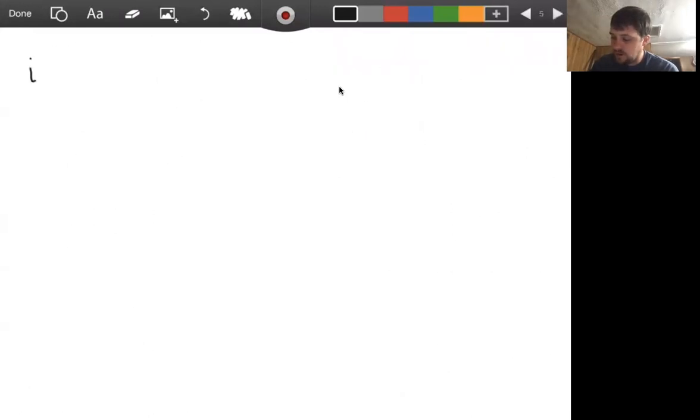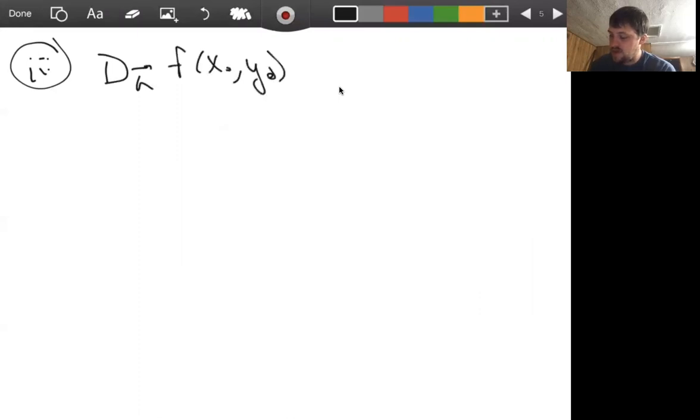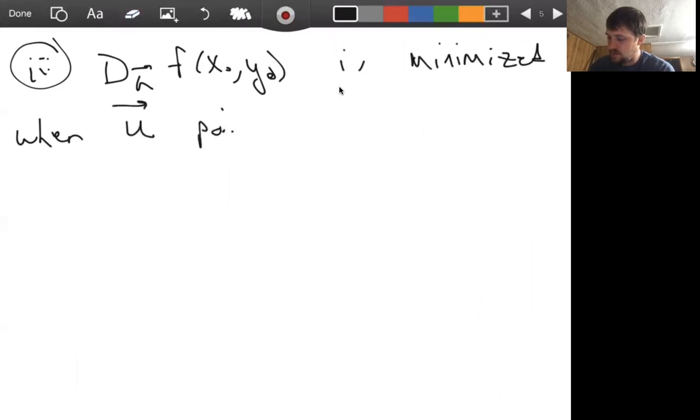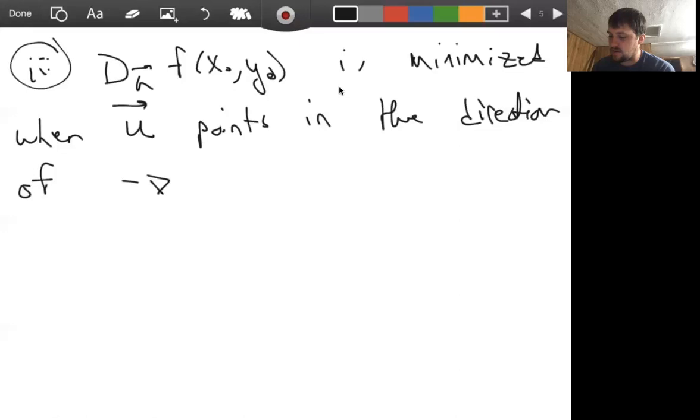So the third property I'd like to talk about is that the directional derivative is minimized when u points in the direction of minus the gradient.